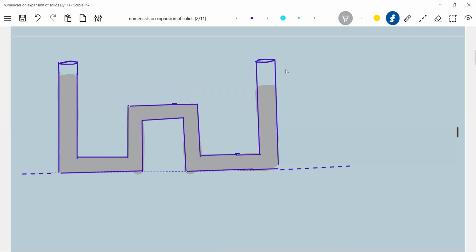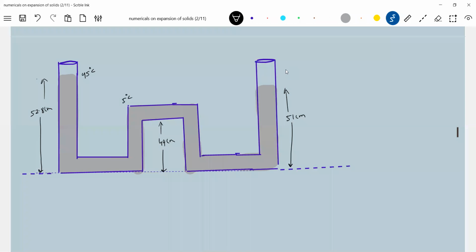Look at this one. So this is the mercury now. So this is the height. The temperature of this is 95 degrees Celsius.